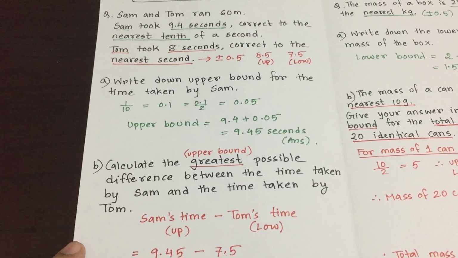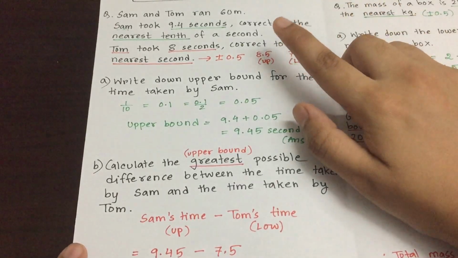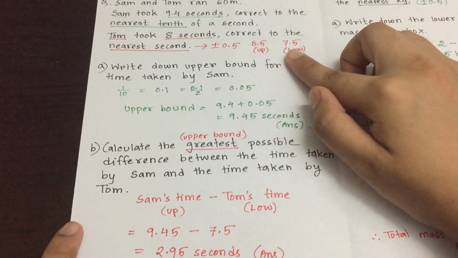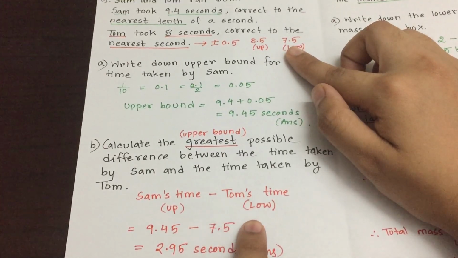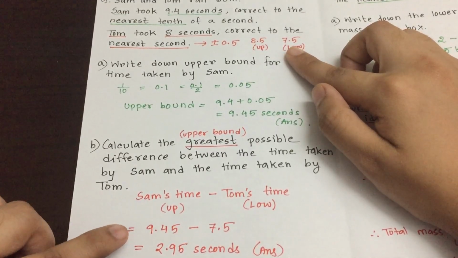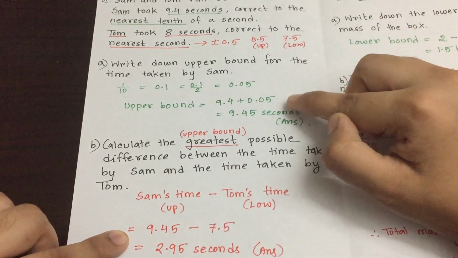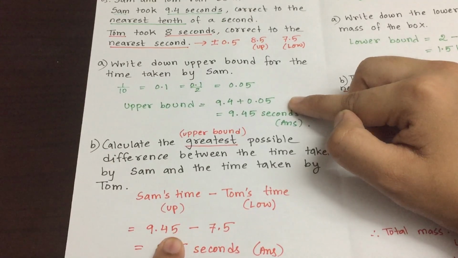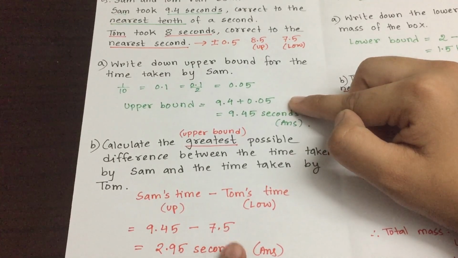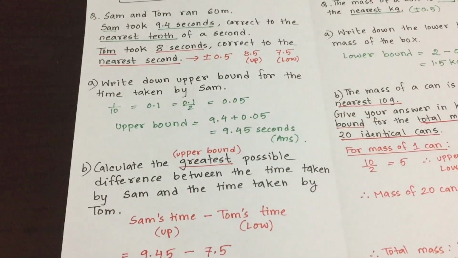So we have found Tom's upper bound as well as lower bound, but we know that here we have to take Tom's lower bound. So that's why Sam's upper bound, which is 9.45, we already found out in requirement A, minus Tom's lower bound. So that gives us the greatest possible difference between their times. So this was the first question.